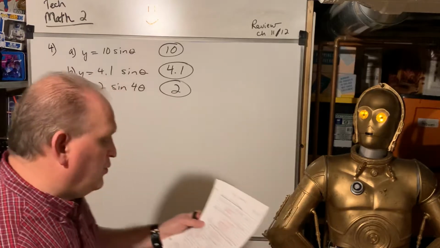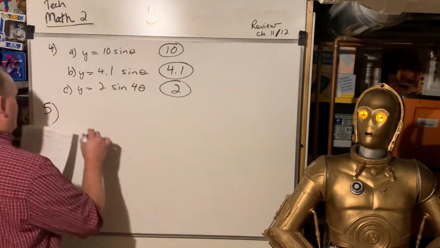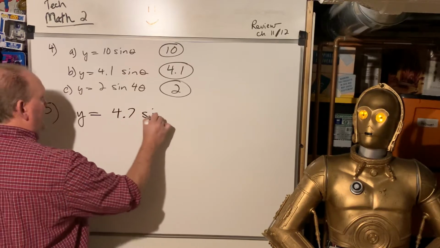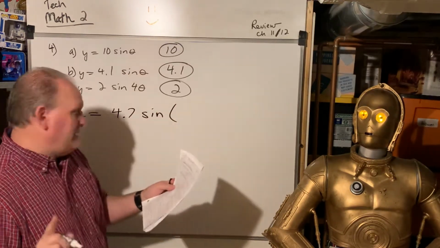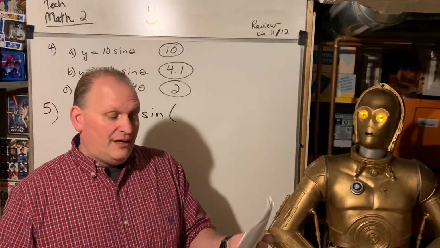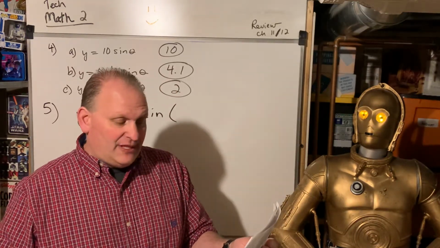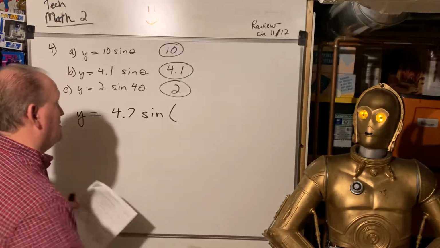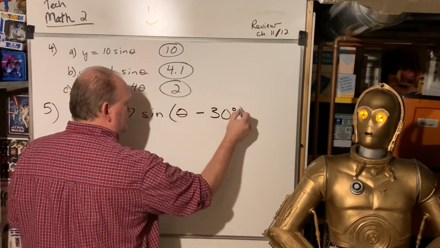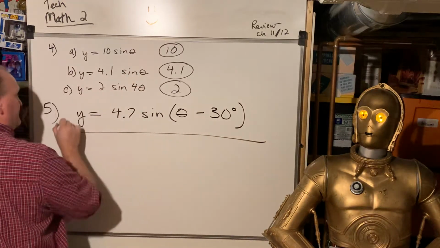So when they give it to you like that, we got the 4.7 sine, but you have to read these carefully. Phase angle of -30 with the fundamental sine means do -30. So theta -30 degrees. All right.